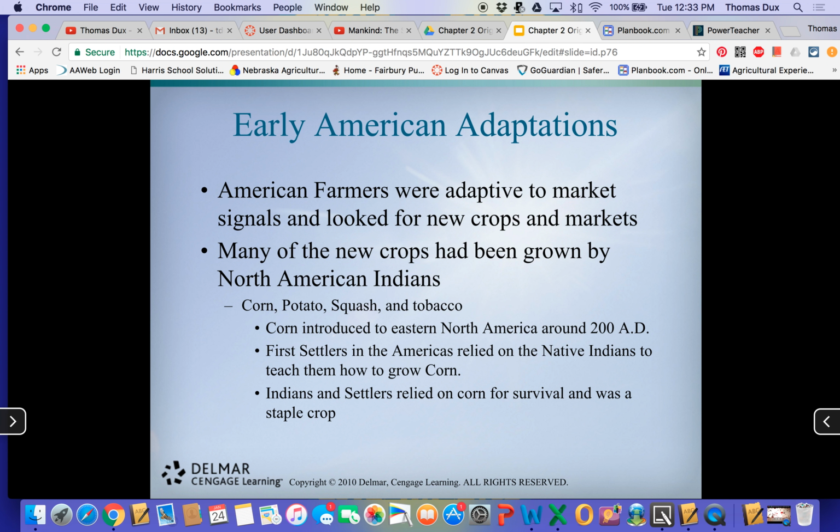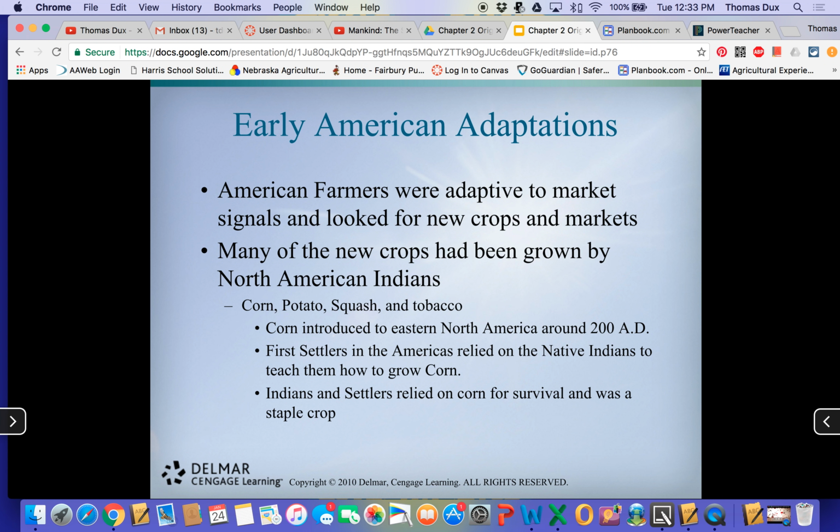Some of these crops, though, were taken back by the first settlers, the European settlers, and by the first Spanish explorers, where their adaptation depended on how well they fit the needs and expectations of European farmers and consumers. So now we can already tell that trade is happening, because trade is very important for the whole American economy.